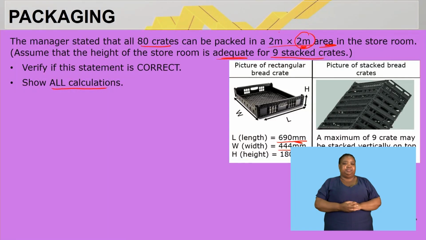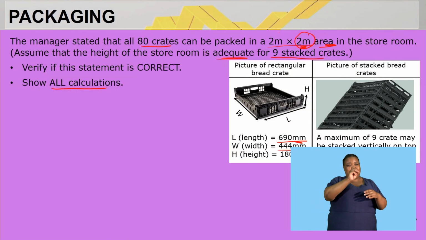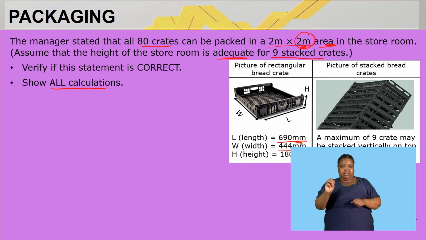So what will we do? We will first convert this millimeters to meters. All right, so how many millimeters in a meter? I agree that's 1,000. So therefore I'm going to say 690 divided by 1,000. That will give us a length, and I'll write it here. The length is 0.69 meters.